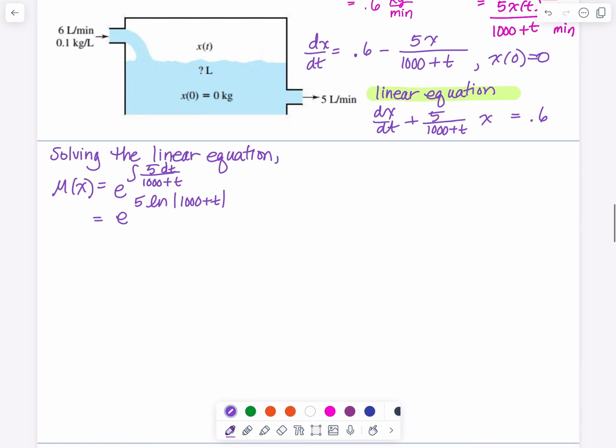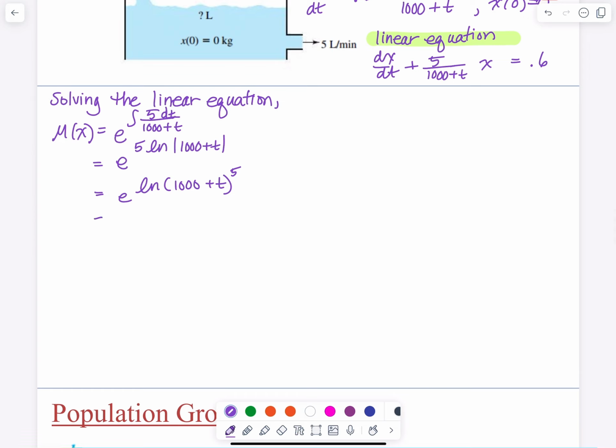Since t is positive, we can have e to the ln of 1,000 plus t in parentheses, and we will bring that 5 up. And this is equal to 1,000 plus t to the 5th power.